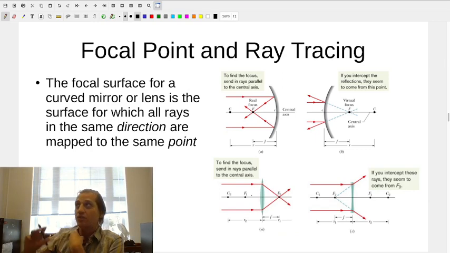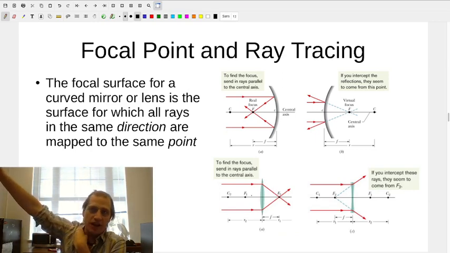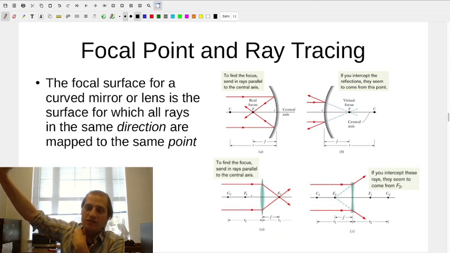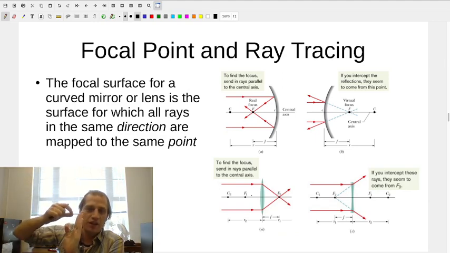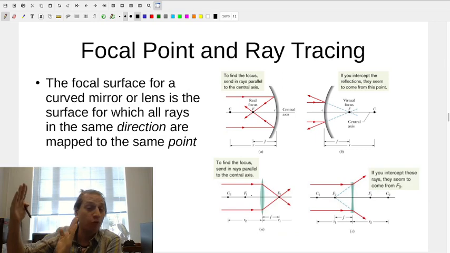You can go outside, take the lens, put it up, and then take a piece of cardboard and try to see where you can get the image of the sun to be a nice sharp point. That will be the focal length, because all of those light rays are coming in to a single point.